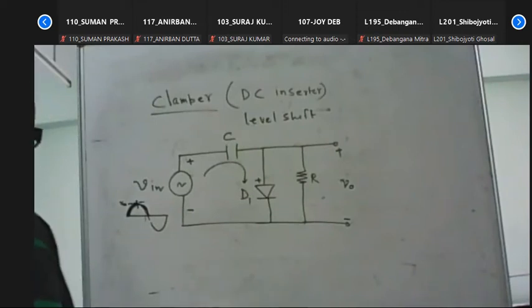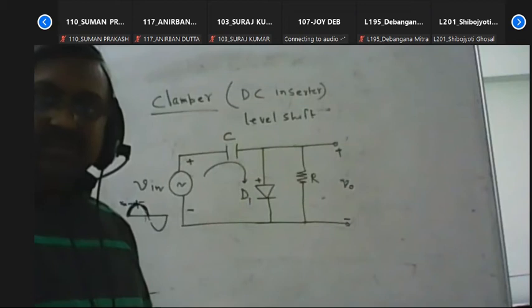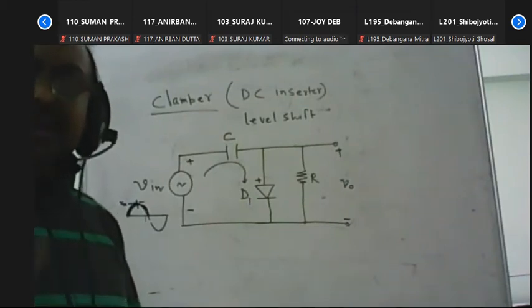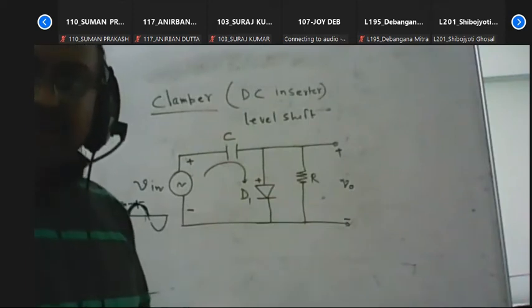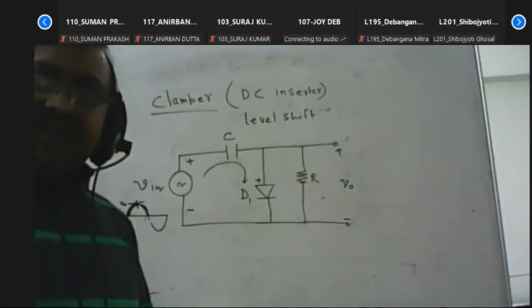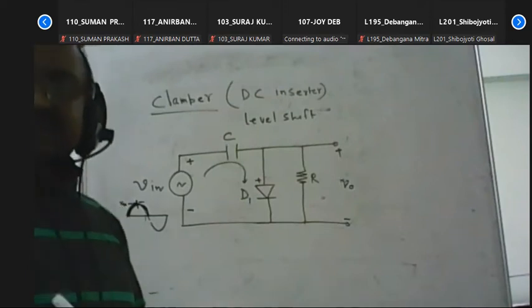We know that the capacitor basically stores the charges. That means it cannot change its voltage instantly. So any voltage developed across the capacitor will stay fixed or constant even if the input signal decreases.